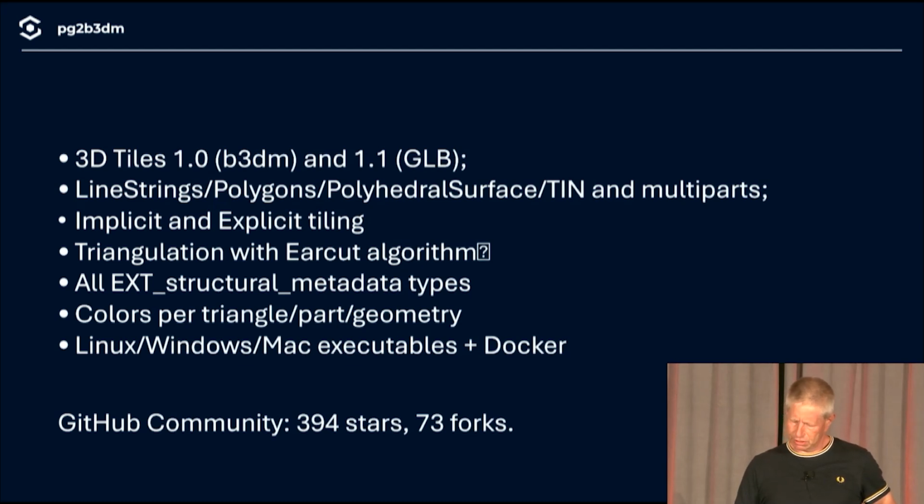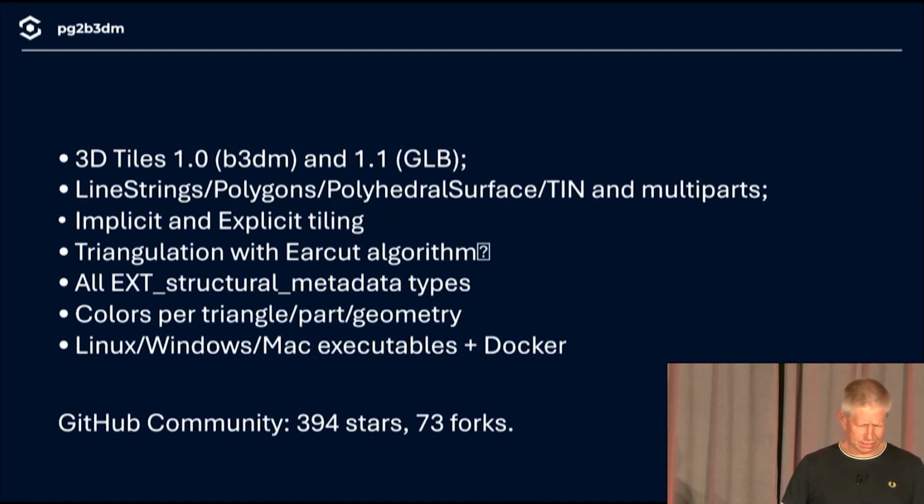And as an input, you can use all kinds of geometries, like line strings for pipes, for example, and polygons and polyhedral surfaces, and TINs, and single parts and multi-parts. Implicit and explicit tiling is supported.